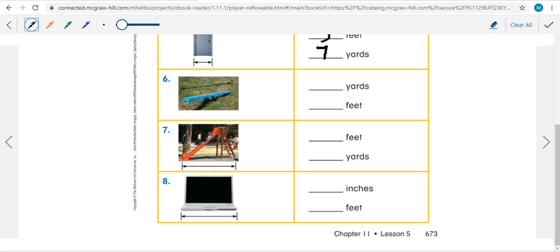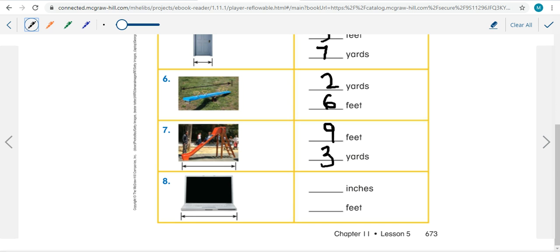This is a seesaw, which is very long. It's about 2 yards, and 1 yard has 3 feet. 3 feet plus 3 feet is 6 feet. Now, this is a slide, and the slide is very long. It's almost like 3 yards. If we add 3 plus 3 plus 3, it is equal to 9 feet.